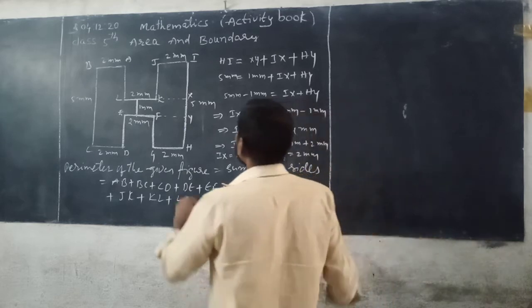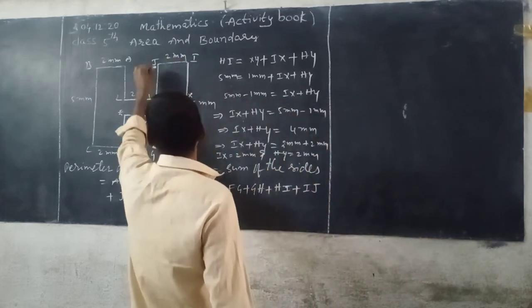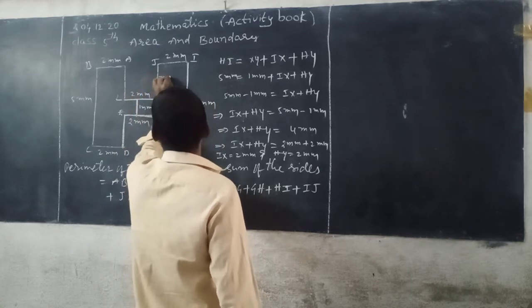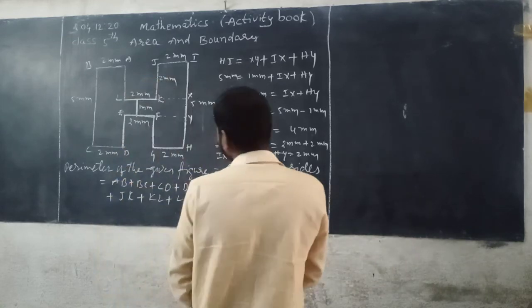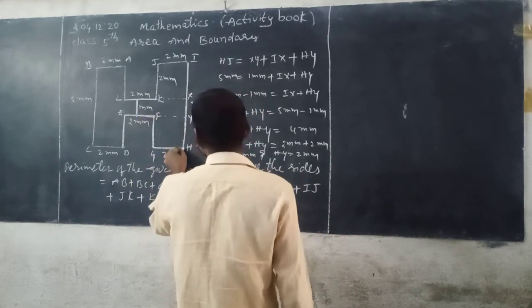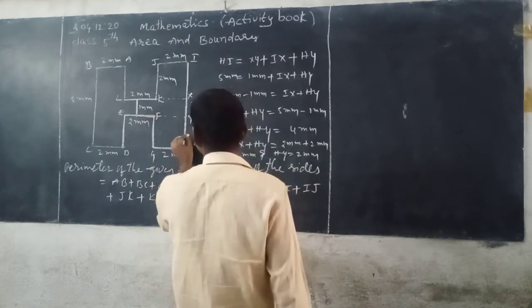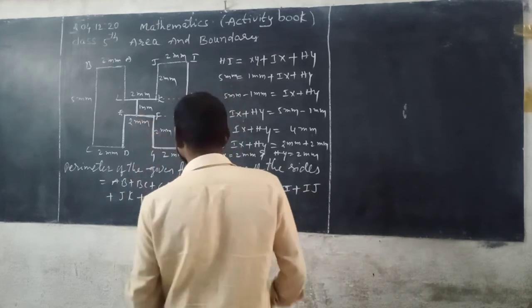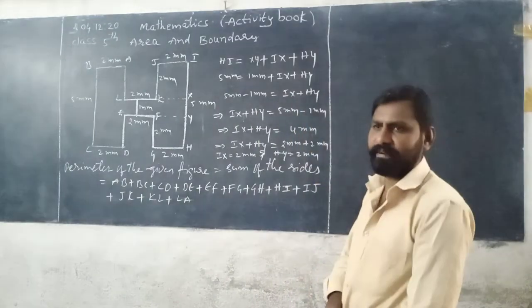See here beta. IX is parallel to JK. Then you can write 2 millimeter. And GF is parallel to HY. Then you can write here 2 millimeter. Did you understand, everybody?